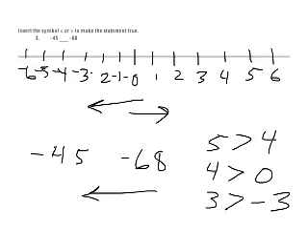So actually, negative 45 is greater than negative 68, even though the absolute value of negative 68 and negative 45 would be the opposite way. The absolute value of negative 68 is greater than the absolute value of negative 45, but here we're looking at the actual value of the numbers.